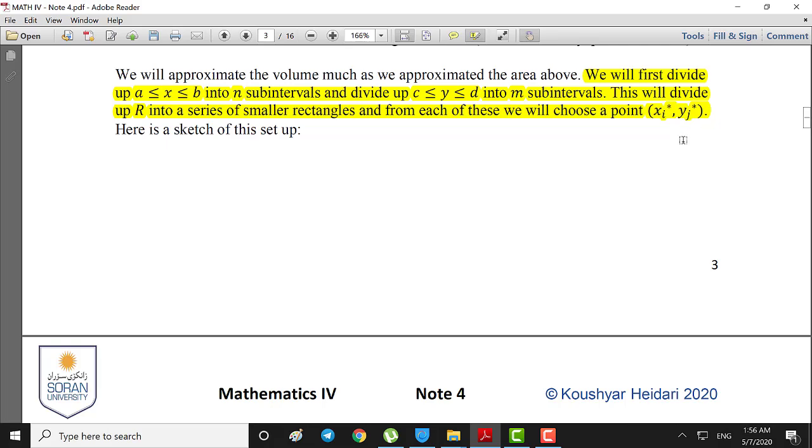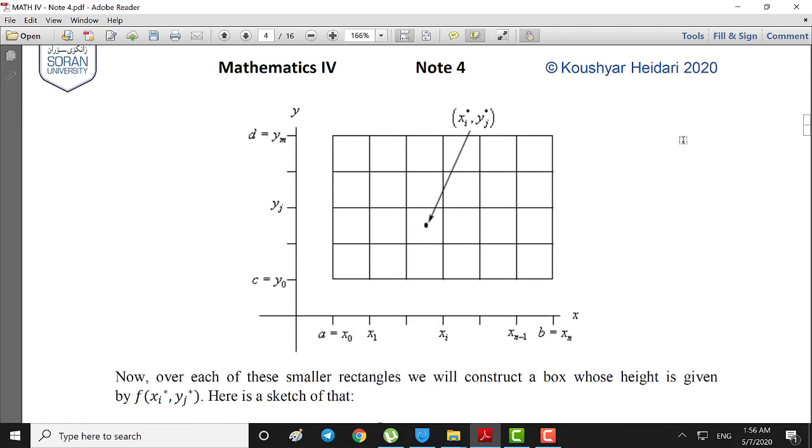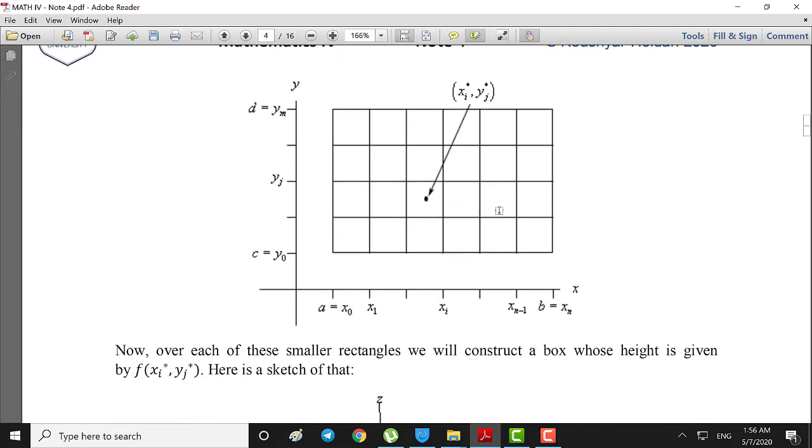And here is a sketch of this setup. We have divided up the x side, which was from A to B, into n subintervals. Then we have divided up this y side, which was from C to D, into m subintervals. And now the region R is divided into m times n smaller rectangles, which you see here.